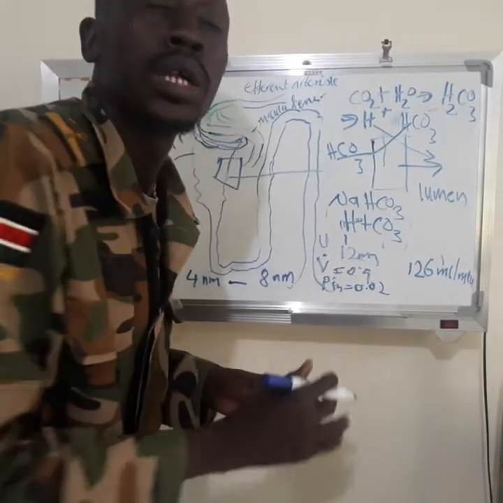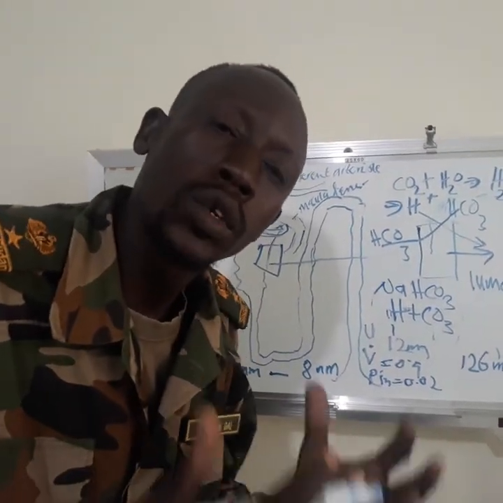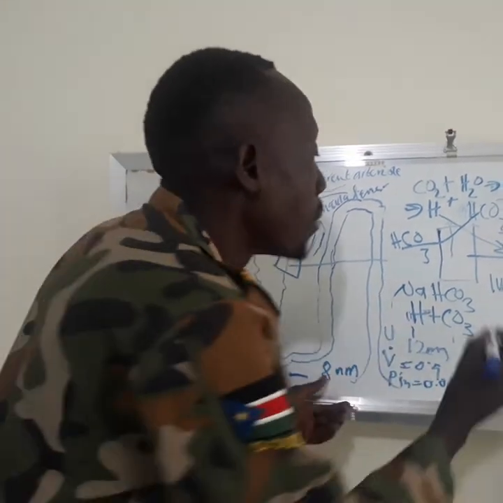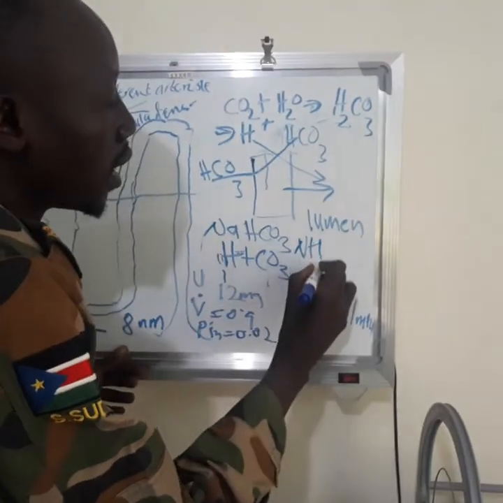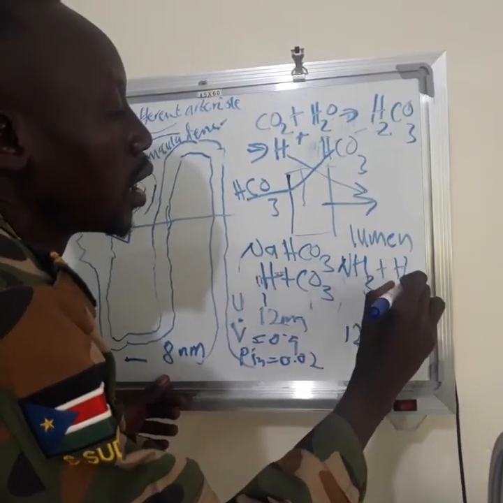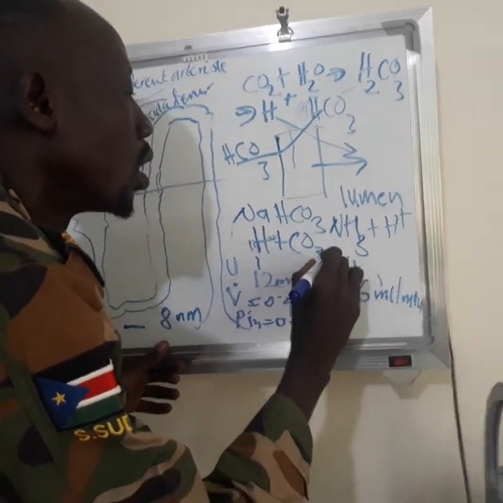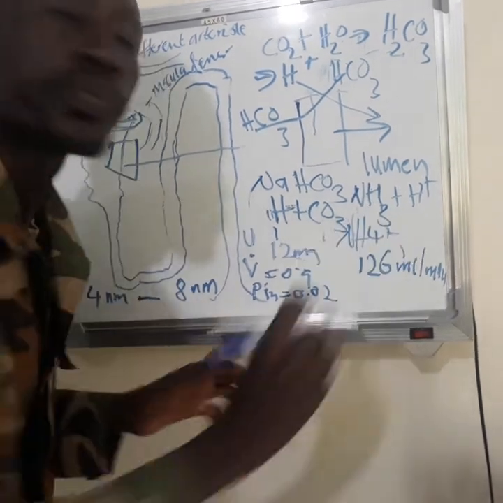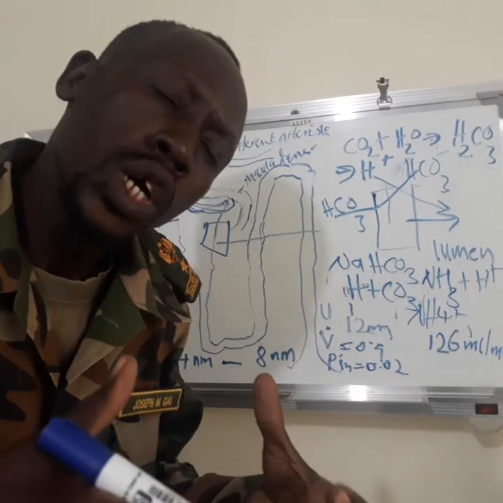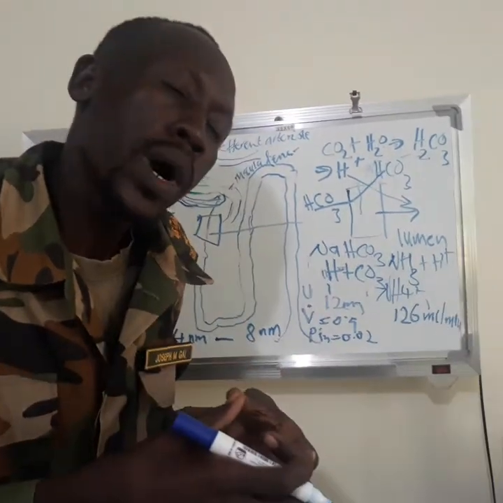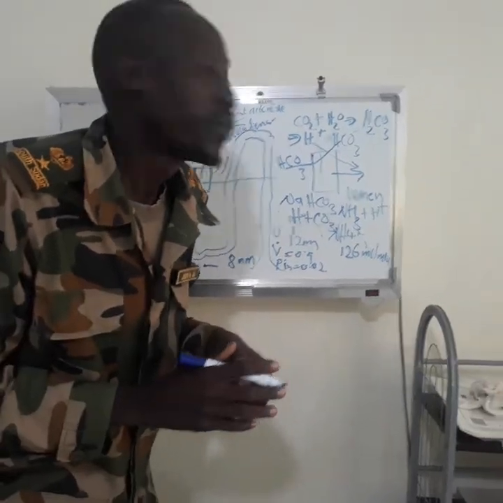Disodium phosphate becomes monosodium phosphate, and ammonia plus hydrogen ion gives ammonium. So in the tubule lumen, hydrogen ions will be taken up in the form of these complex compounds, and this will decrease the pH down to 4.5.